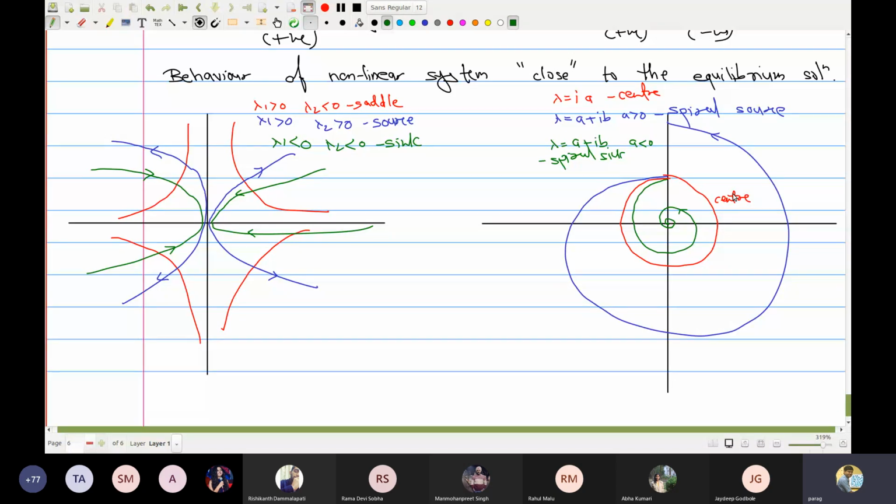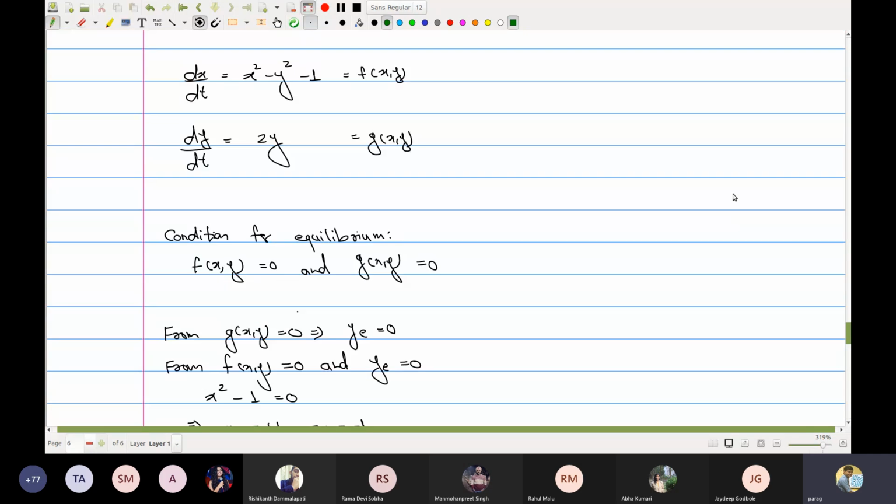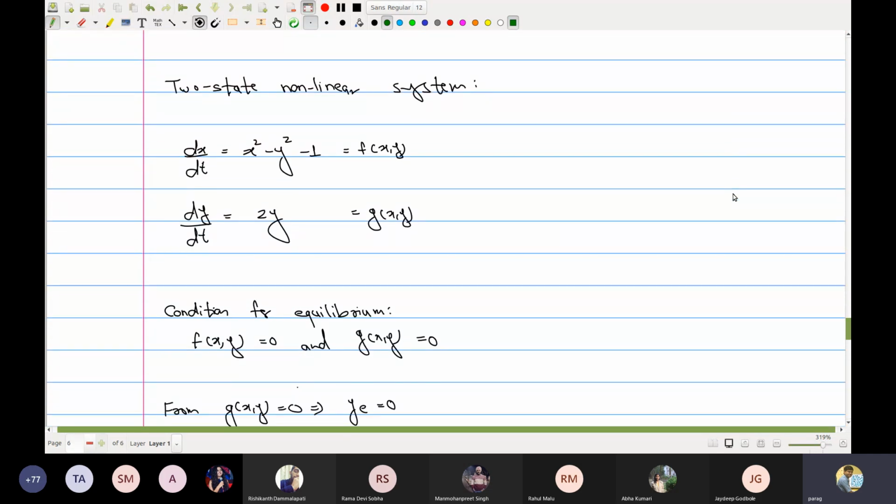Okay, so again, let us summarize. How would you analyze a non-linear system and its dynamics? Well, you will do the extension of this dynamics from one dimension or first order to higher dimensions. We first had only dx by dt, which we declared as f of x.